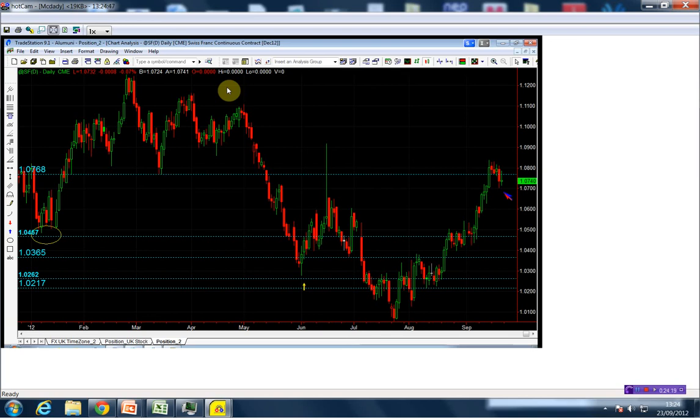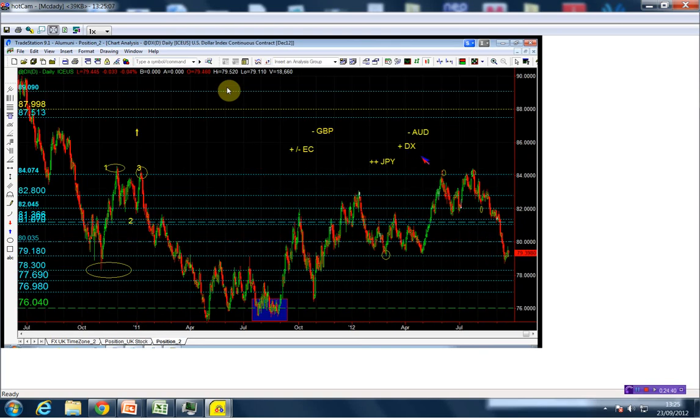So it might drag the euro down a little bit, but the bias on the Swiss is still to the downside. So we're going to be negative the Swiss franc. Okay, we'll be looking at selling the Swiss, and we'll do the pairing in a minute.